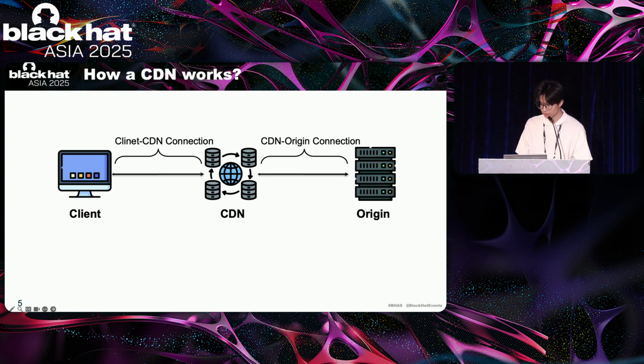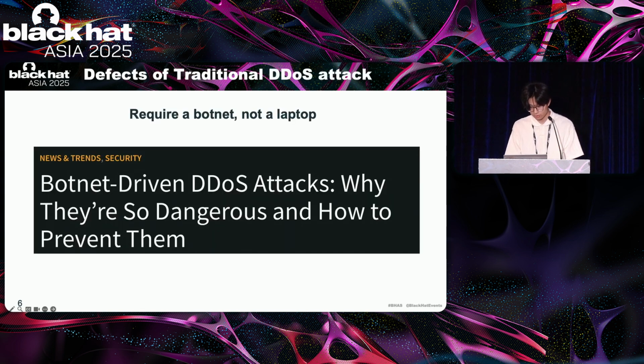As mentioned earlier, CDN can defend against DDoS attacks. So let's take a look at traditional DDoS attacks and how CDNs mitigate them. DDoS attacks aim to overwhelm a target server by flooding it with excessive traffic, often rendering it unavailable to legitimate users.